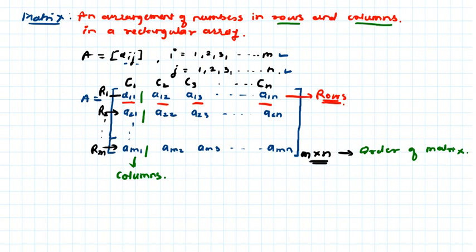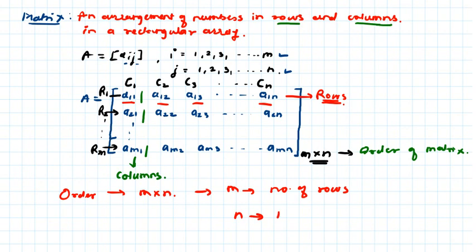In this particular case, the order of this matrix is m cross n. It can be read as m by n also. m is the number of rows and n is the number of columns.